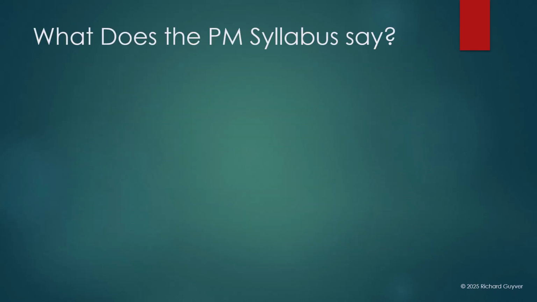The syllabus tells us what's expected, so let's have a look at what the PM syllabus tells us we need to do when it comes to variances. It tells us we need to calculate, we need to identify the cause of, and we need to explain.